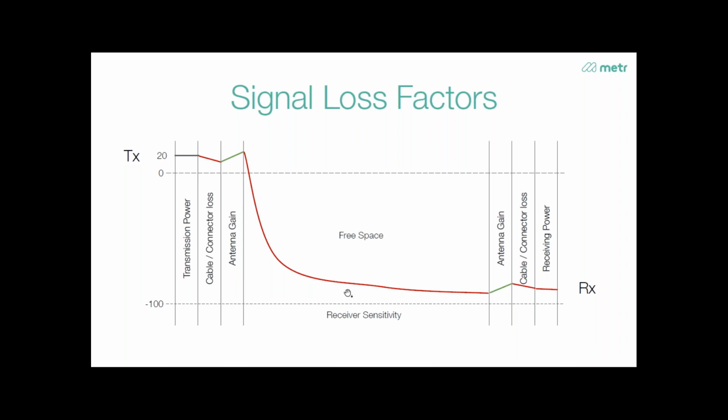Then you have the free space where you're sending data across the air to the receiver on the other side. On the other side, you have the receiving part, where you have an antenna gain again, where you improve your signal. But then you lose it again through a cable, and you have your receiving power on your device, or it's just 0, right?